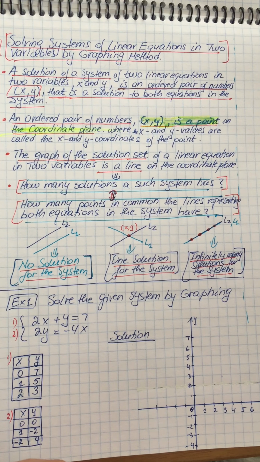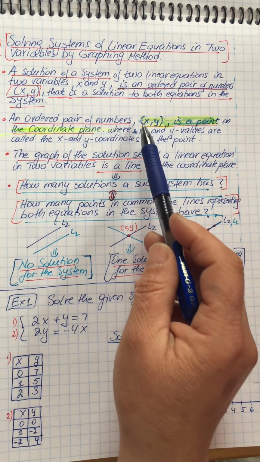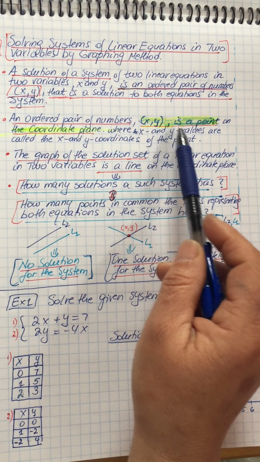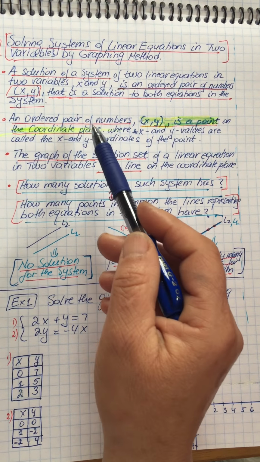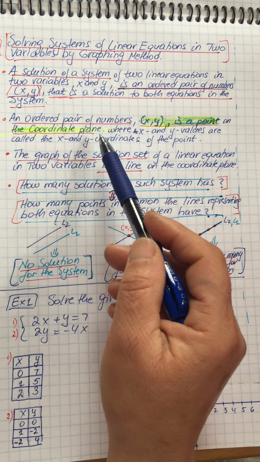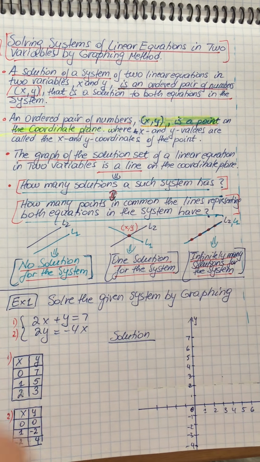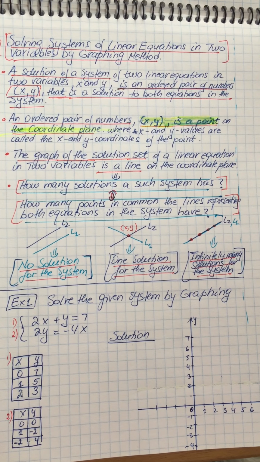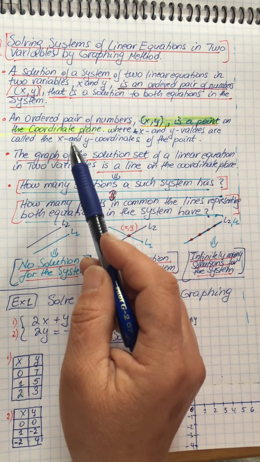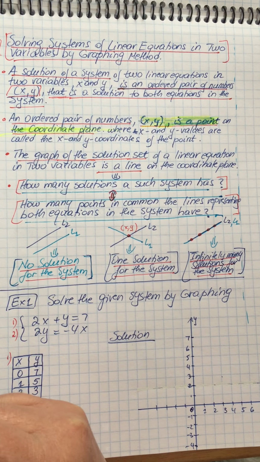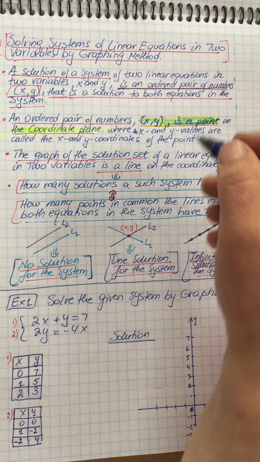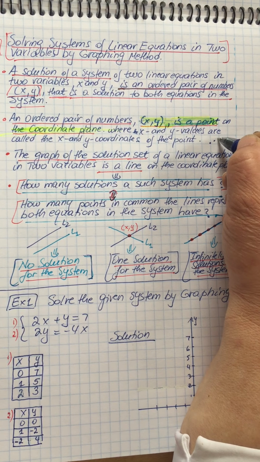Now, we know that an ordered pair of numbers x and y is a point on the coordinate plane. What does this mean? That means that a solution to the equation is a point on the coordinate plane. So since the linear equation in two variables has infinitely many solutions, we expect infinitely many points on the coordinate plane, and those points are consecutive points.